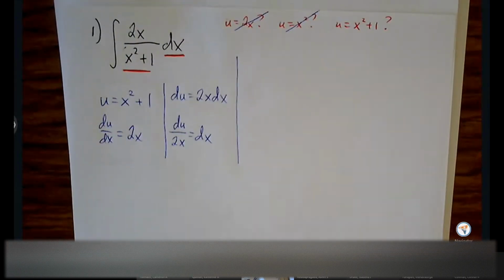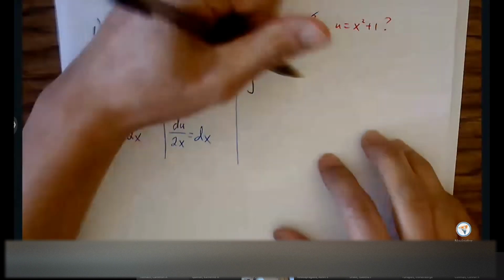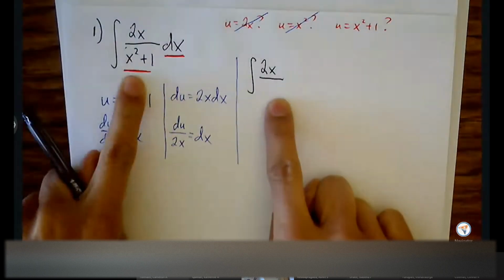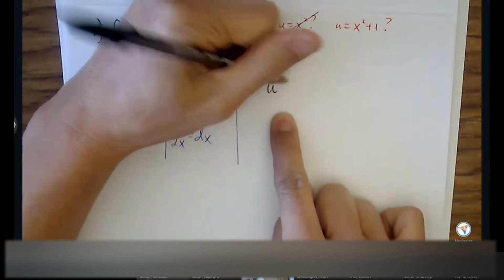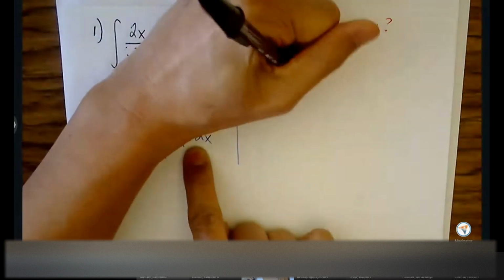All right, and then now we're making our substitutions. Bring everything else down that we're not going to substitute. 2x stays. Denominator becomes my u value. And dx becomes du over 2x.